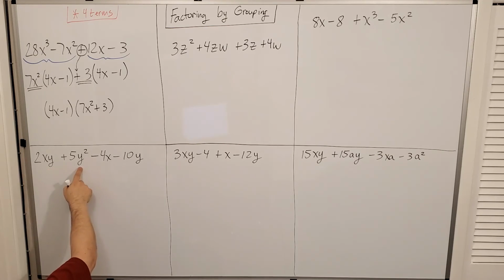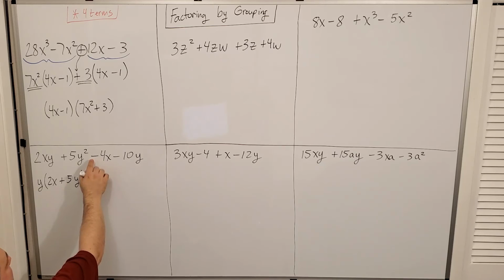But they both have y's, don't they? Okay, so y. And if I divide y by y, it's gone, but I'm still left with a 2x here, plus 5 divided by 1 is 5. And y squared divided by y, I'll just do 2 minus 1 is 1y left over.